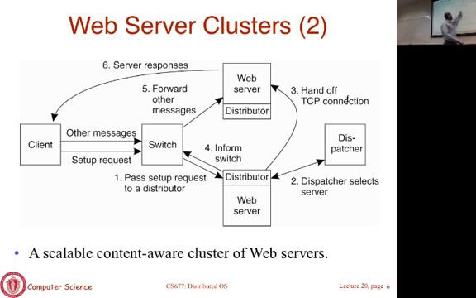The first time a request from a new user comes in, the dispatcher is the one that decides this is the machine that is going to service that request. Once you map a user session to a machine, you tell the distributor that this session is now mapped onto this server, so you are going to send it to this server. So that's doing the distribution.